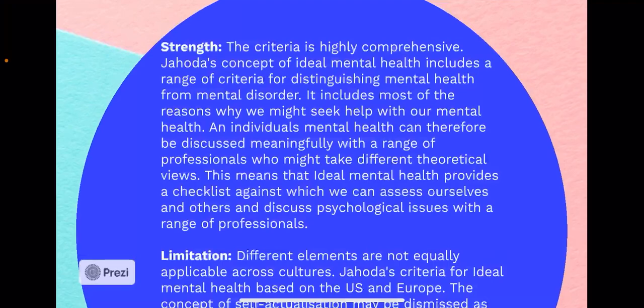So ideal mental health provides a checklist against which we can assess ourselves and others and discuss psychological issues with a range of professionals. So it's really useful because it just gives us that checklist and it creates a meaningful discussion about an individual's mental health.